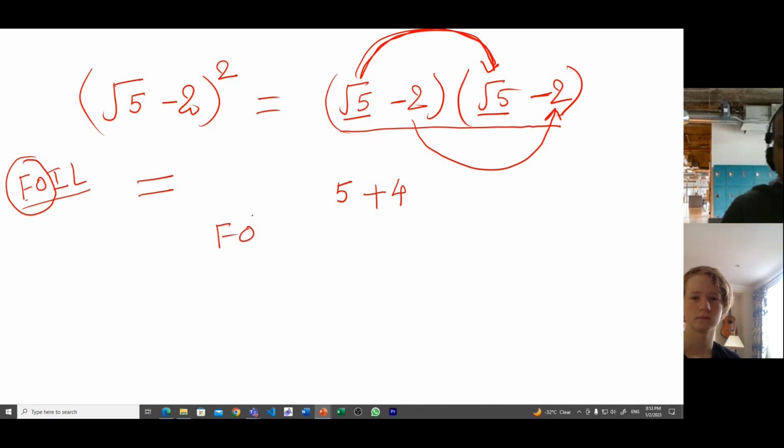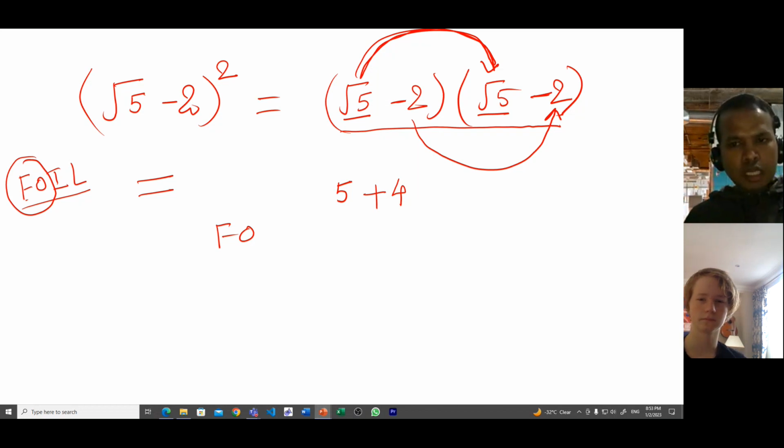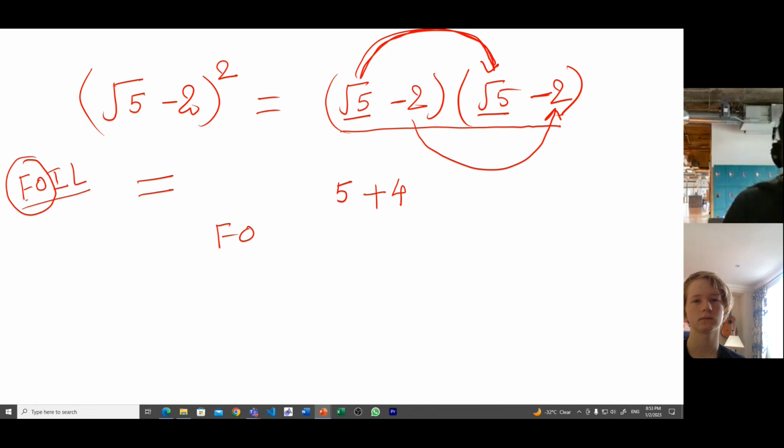Those numbers at the end, square root 5 at the first and the 2 at the last, are at the extreme positions, so we have multiplied those outside ones.